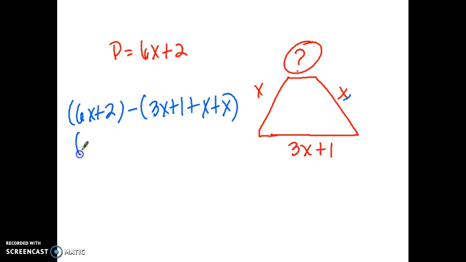I have 6x plus 2 minus 3x plus x is 4x plus x is 5x, and I have a plus 1.